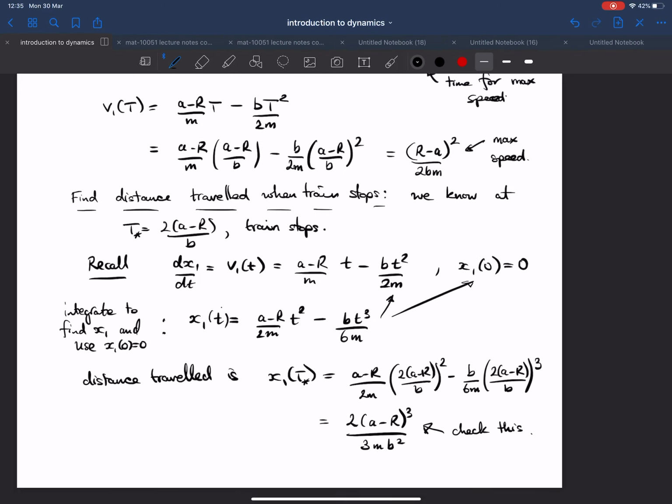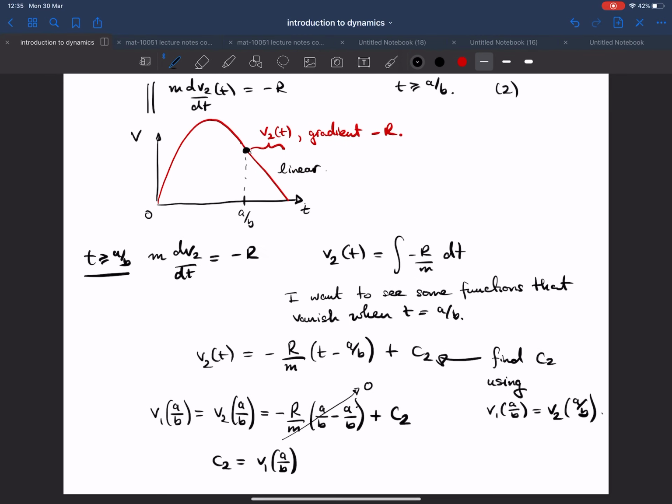There's some work to do there, but you can punch this in and I'll give you the answers in a second. So this is our constant C2. Good.